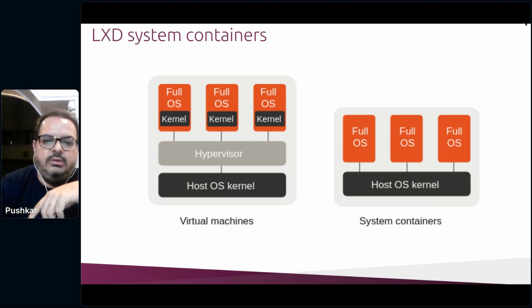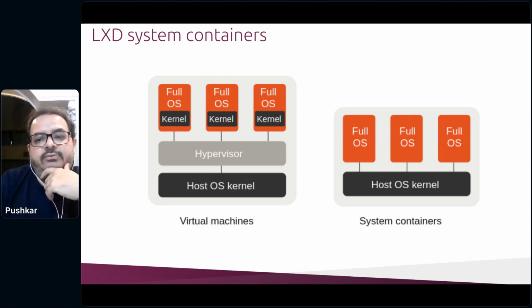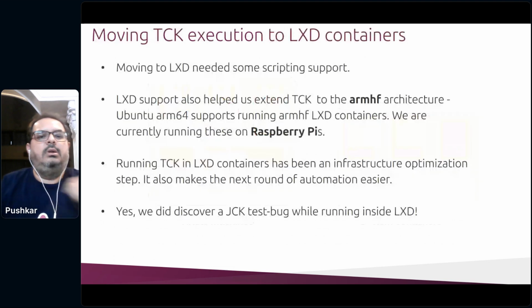So you can imagine that the host OS kernel is Ubuntu 24.04, and then there is one container running 20.04, another container running 22.04, and a third container running probably 25.04 also. So that's how LXD containers work.